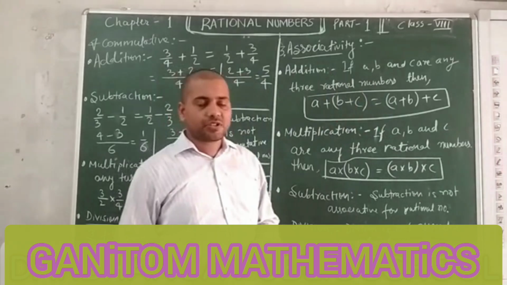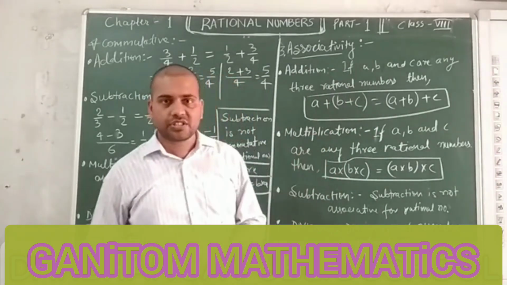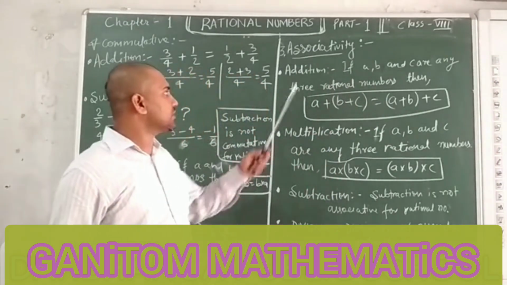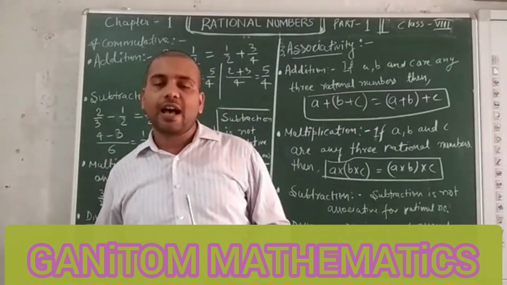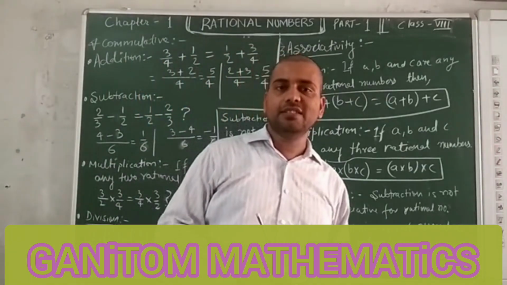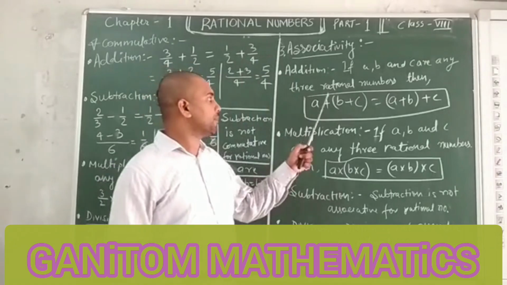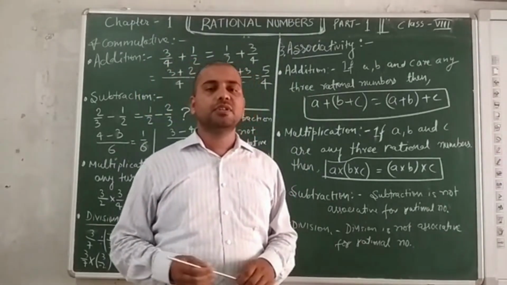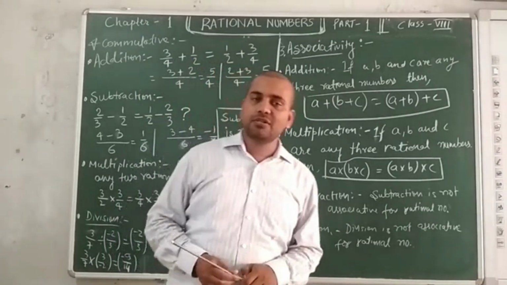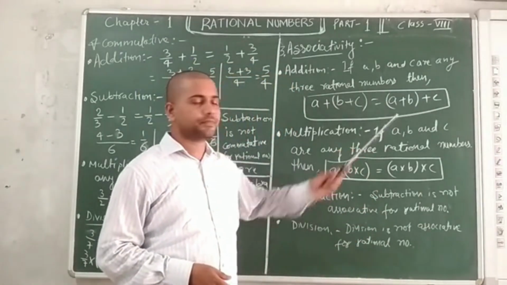So let's come to the next new topic, which is the associative property. In addition you will see that if a, b and c are any three rational numbers, then a plus (b plus c) is equal to (a plus b) plus c, as written here.